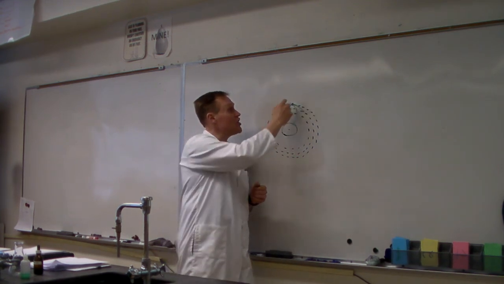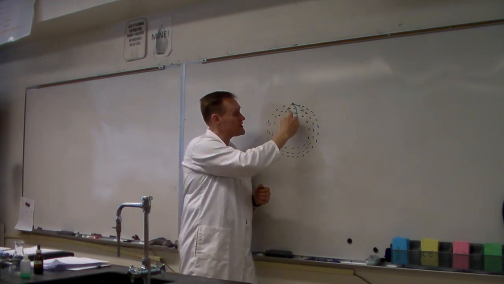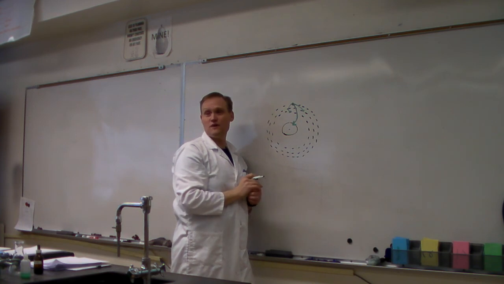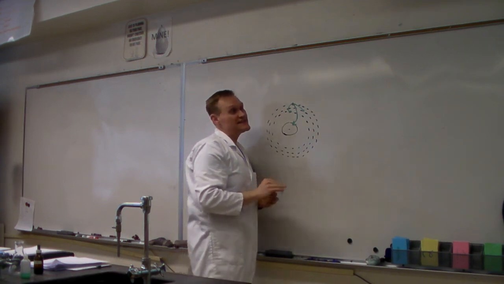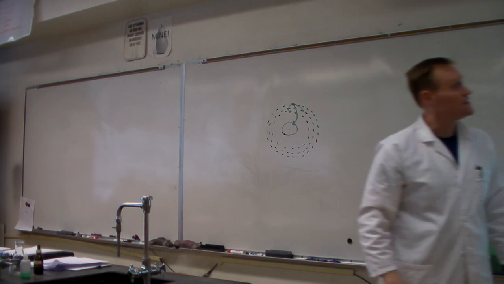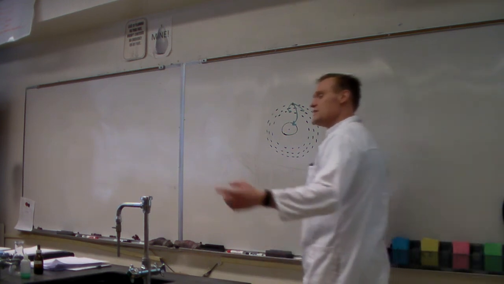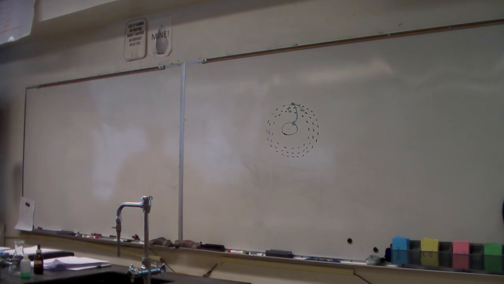So if it dropped all the way down from this 4th energy level to energy level 1, is that going to release a lot of energy or little energy? A lot of energy. If it releases a lot of energy, is that going to be at a high wavelength or low wavelength?